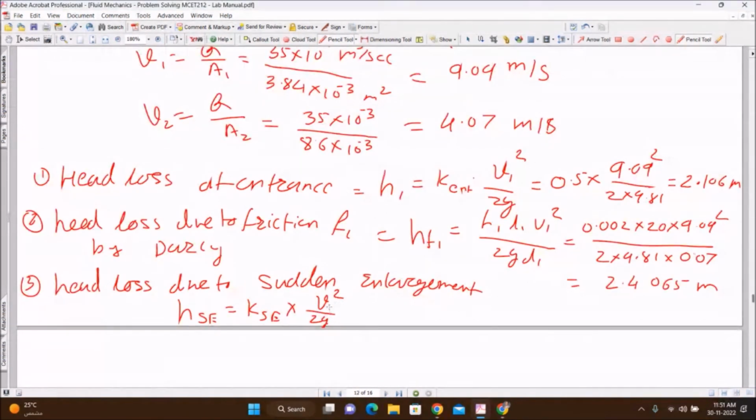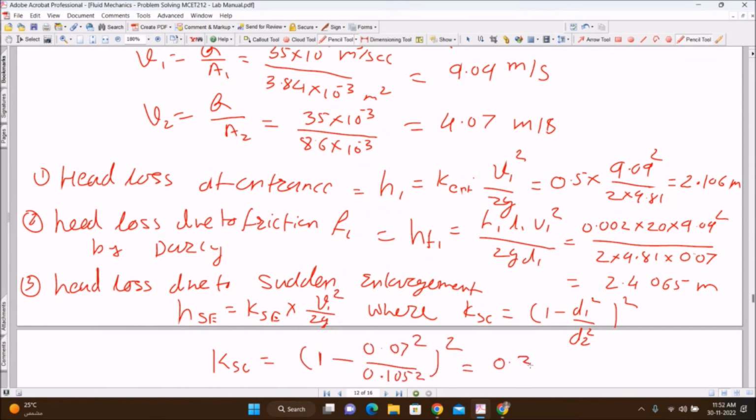Inlet velocity is important here, V1 square, where KSE is equal to 1 minus D1 square by D2 square, whole square. That is 0.3086.